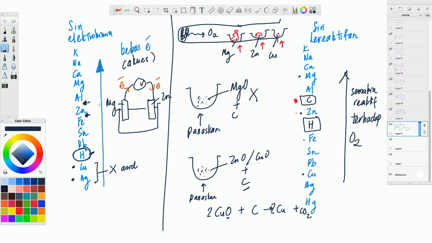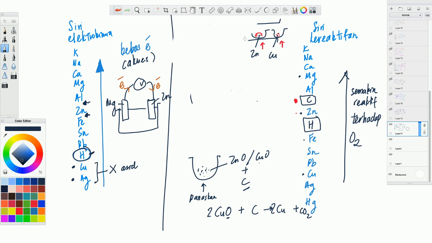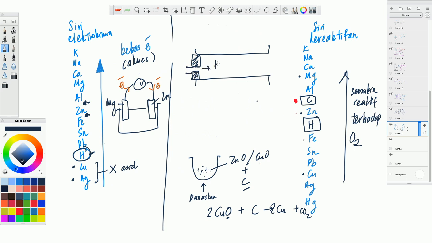Walaupun perlahan. Di sini beza. Sekiranya saya mengambil tabung pembakaran, saya melalukan gas hidrogen.